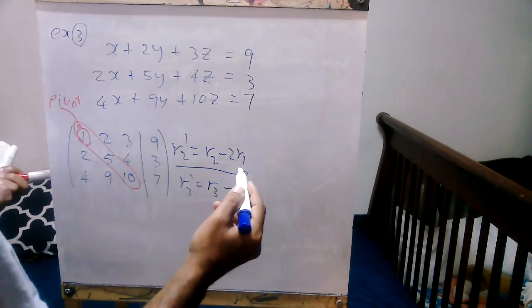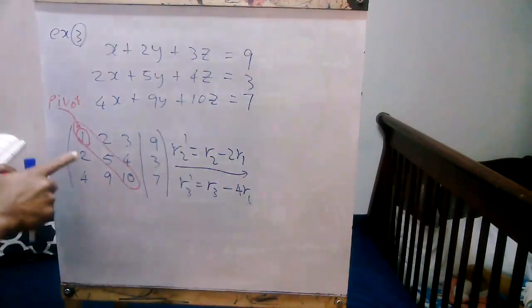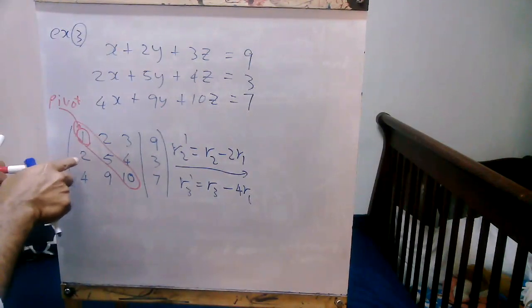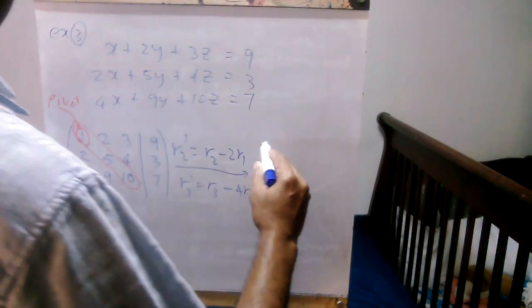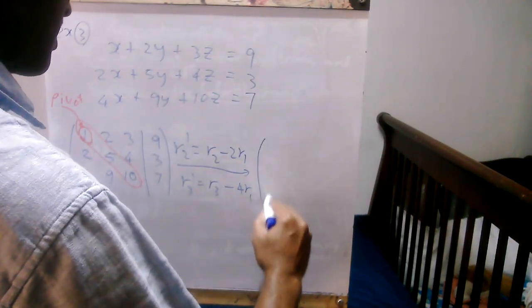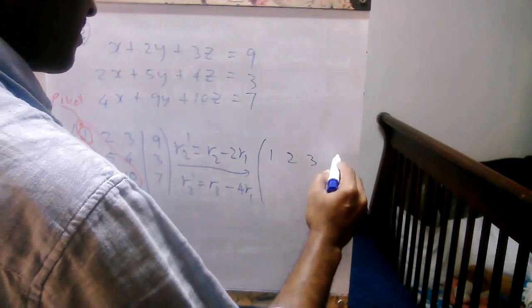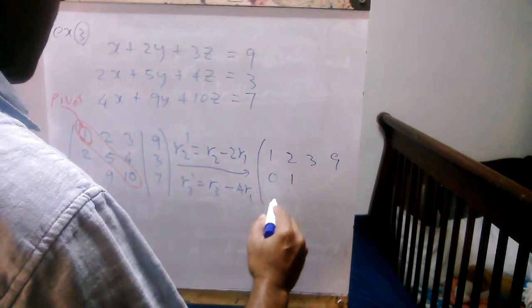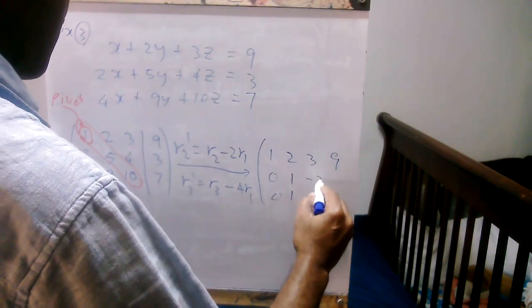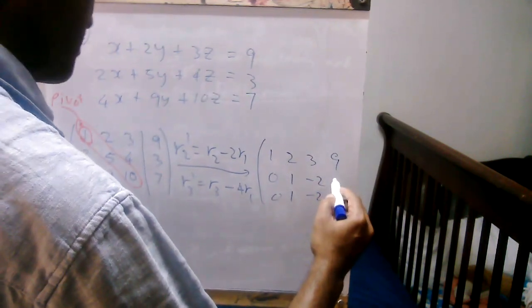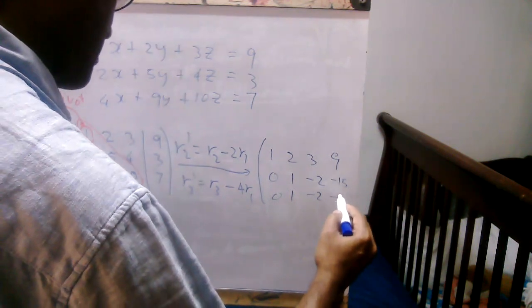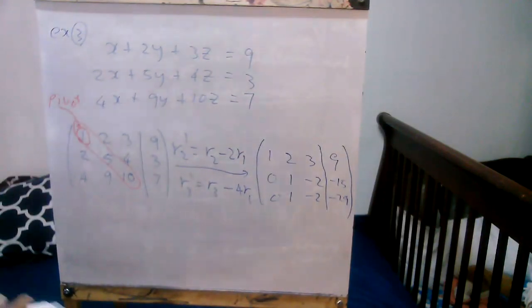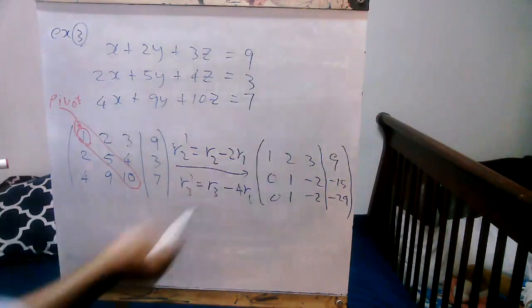Then that gives us these two elements 0, and accordingly this entire row will change. Right, we get this matrix.